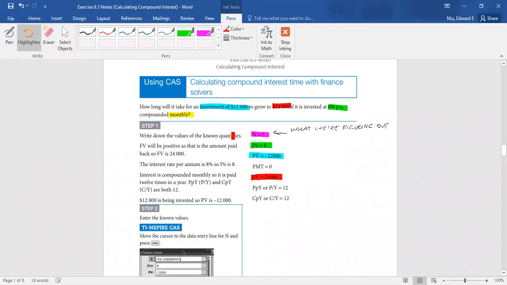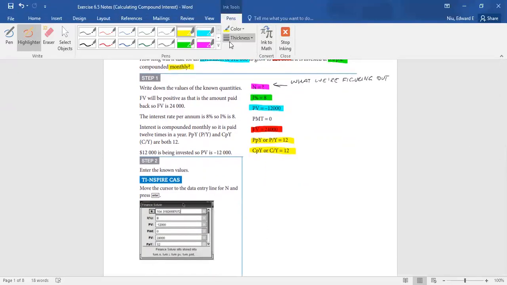Because it's compounded monthly, the PY and CY we would enter 12. And so we would go to the top row where N is after filling all these values out, and we would press enter to get our answer, which in this case is 104.3 months. So 105 months basically.